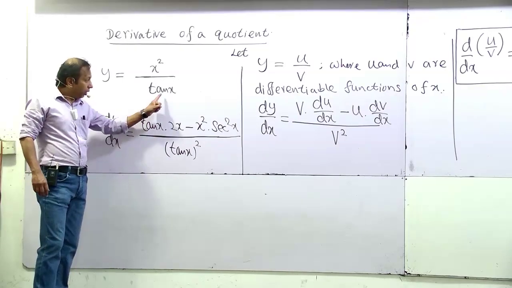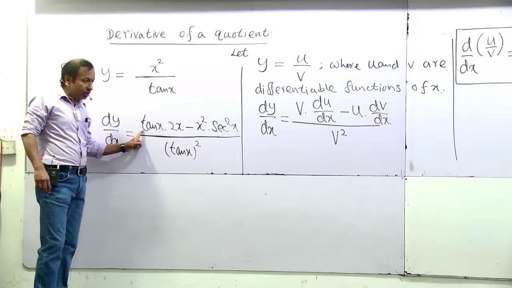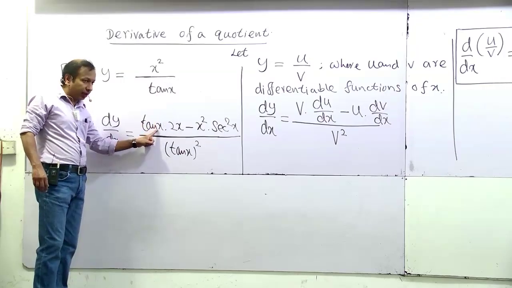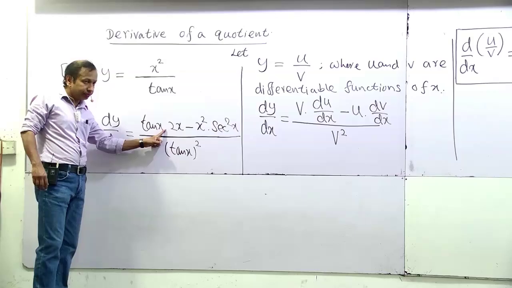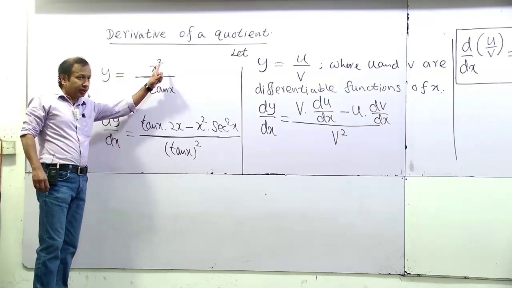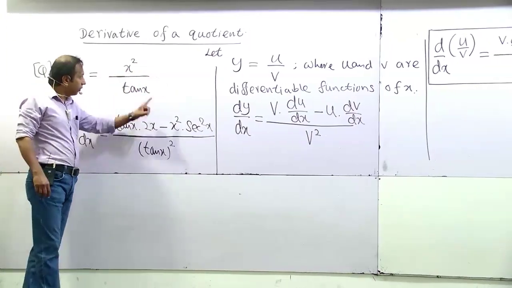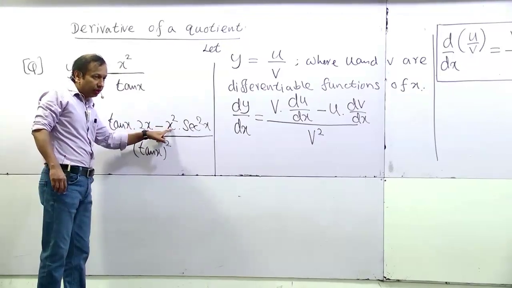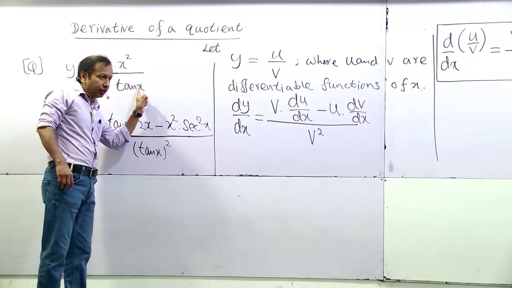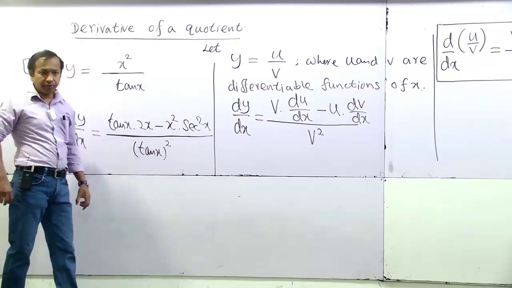Then the numerator of dy by dx starts from the given denominator tan x, we keep it the same, and multiply it by the derivative of x squared, which is 2x. Minus, we keep the numerator the same and multiply it by the derivative of the denominator. That's how we take it.